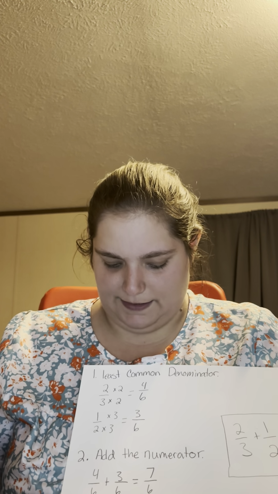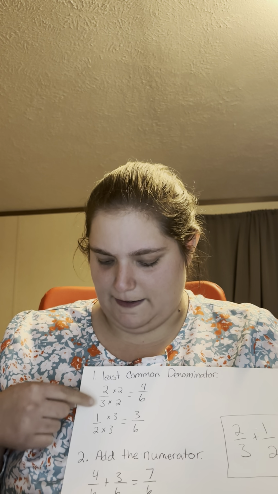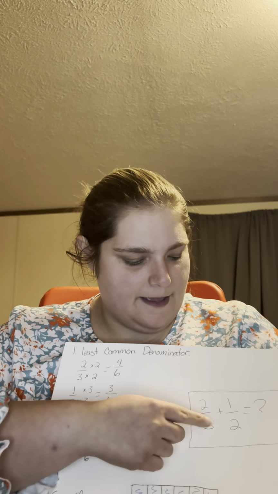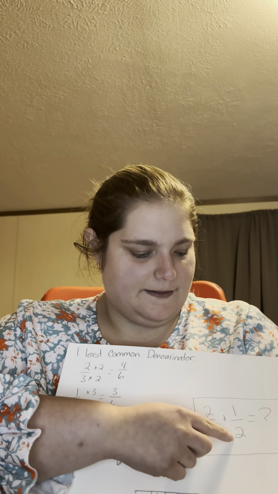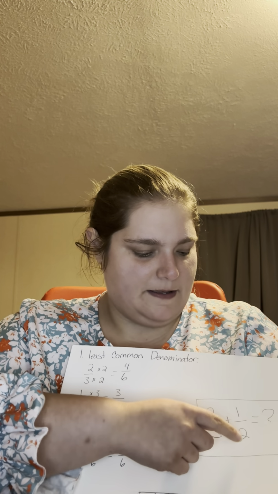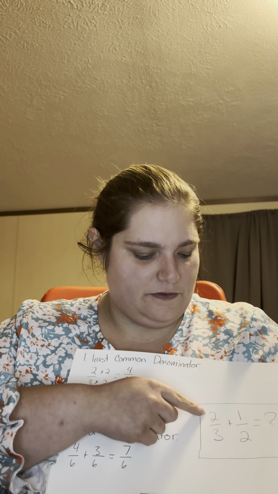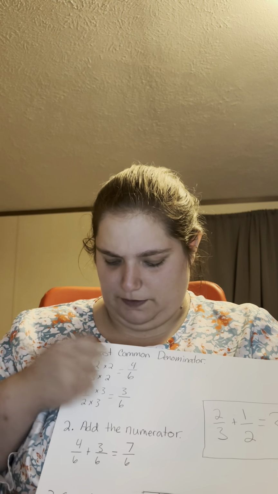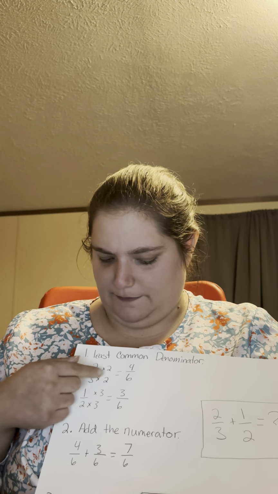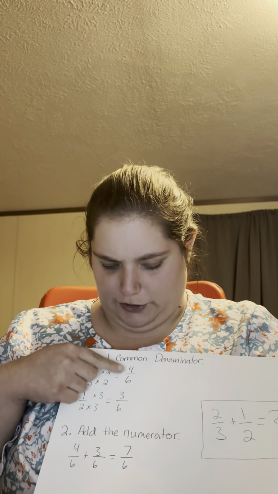Well, we can multiply every number in the first fraction by the denominator in the second. That would be 2 times 2 equals 4, and 3 times 2 equals 6. So our new first fraction is 4/6.